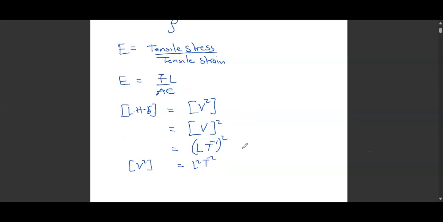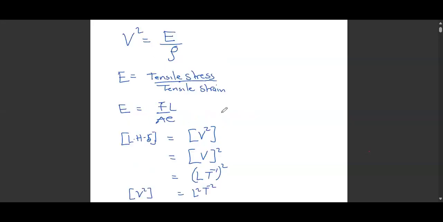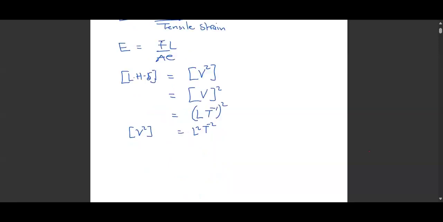Then we come to the right hand side, where we have Young's modulus divided by the density of the medium. The right hand side is going to equal the dimensions of E divided by the dimensions of what? Of density. But density, what are the units for density?